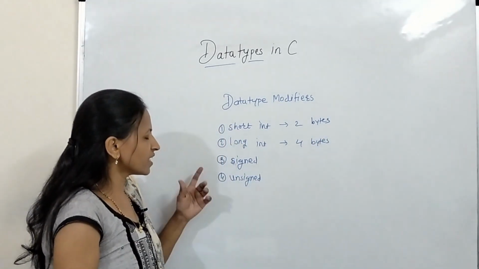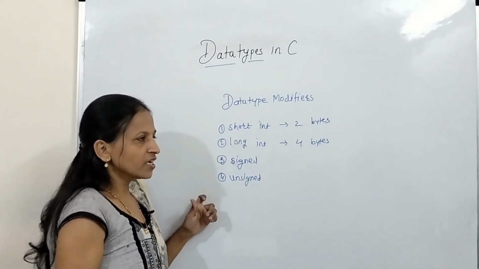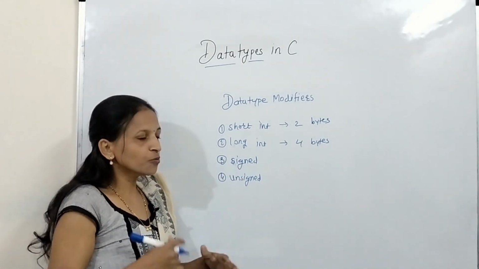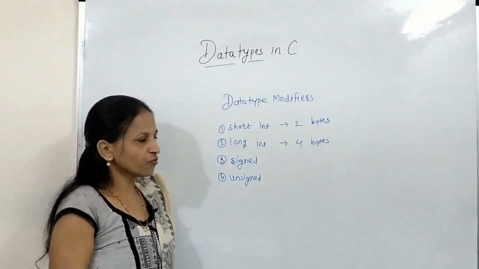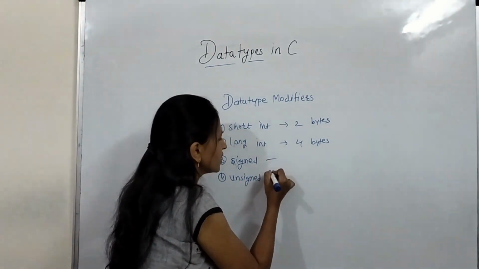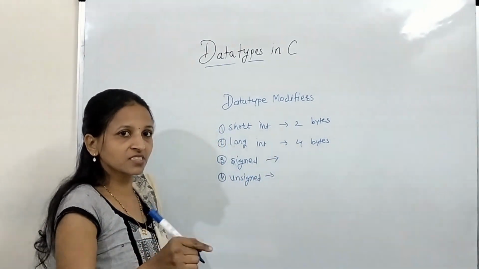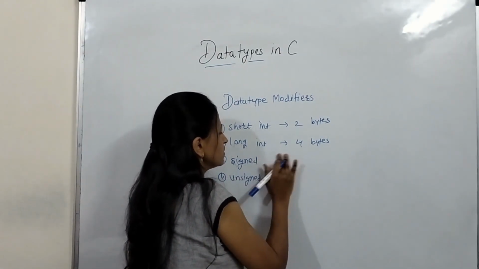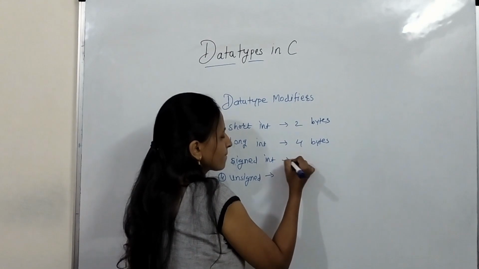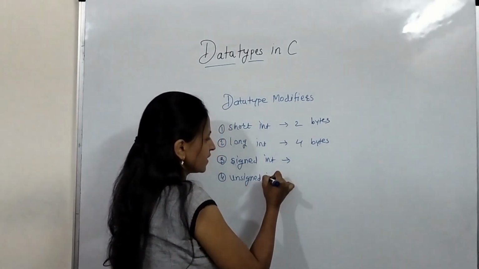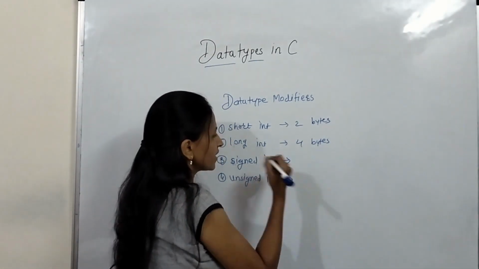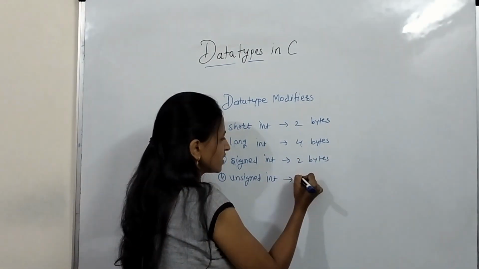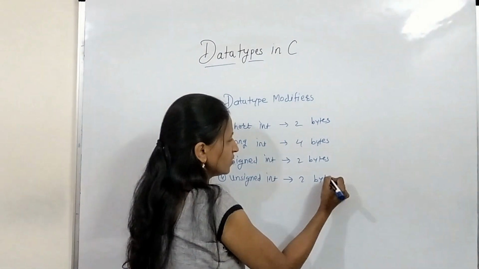For signed and unsigned, both get 2 bytes, as we are considering a 16-bit system here. Always remember, for signed int and unsigned int, 2 bytes each.